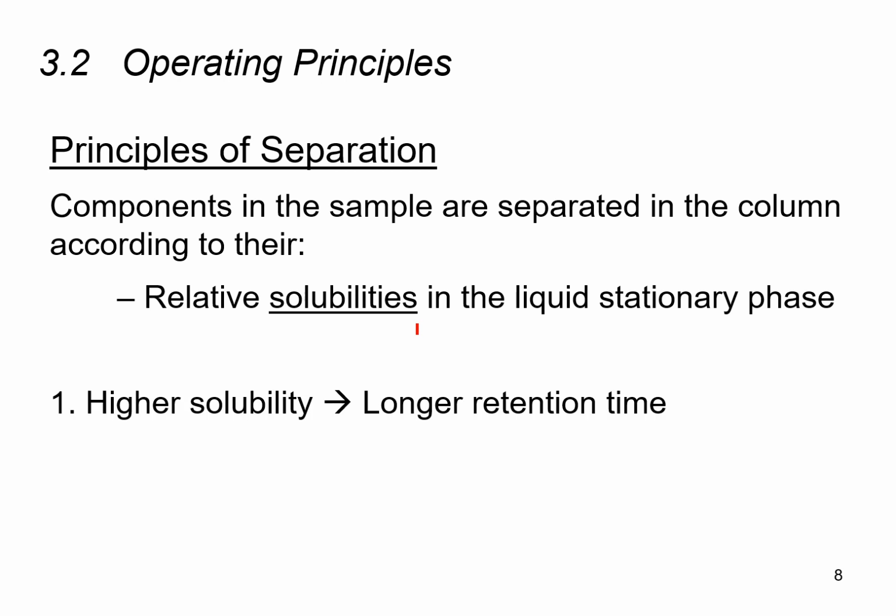Well, of course, the opposite is also true. If a certain component in the sample mixture has a low solubility in the stationary phase, then therefore this will lead to a shorter retention time. So this is just another way of saying that different components in the sample will interact to different extents with the stationary phase, and that has to do a little bit with their solubility in the particular chosen stationary phase.